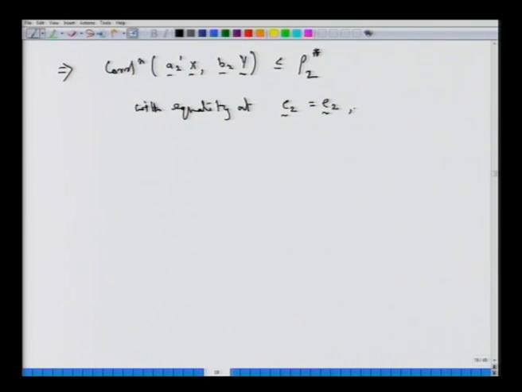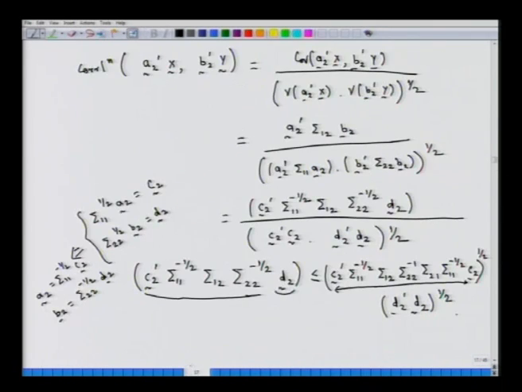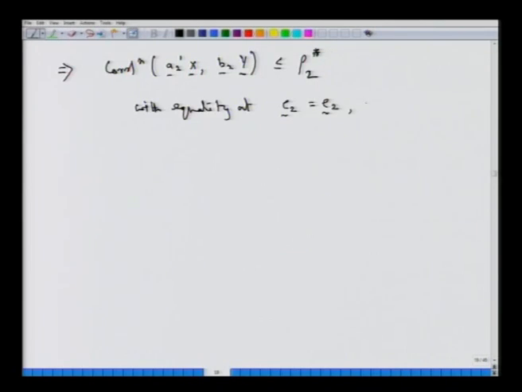Now, the C2 vector is in terms of the A2 vector. The relationship between C2 and A2 is this. Thus, we would require A2 to be sigma 11 to the power minus half times E2.